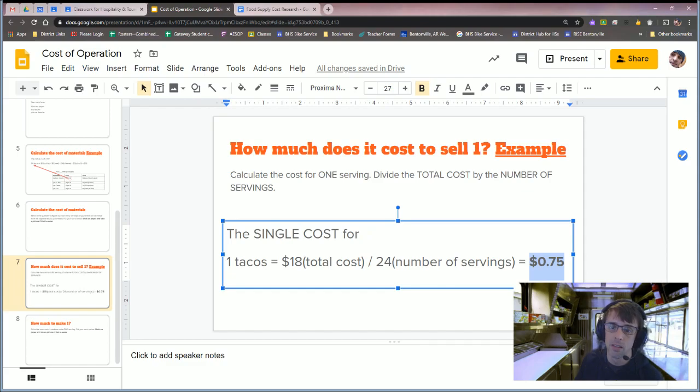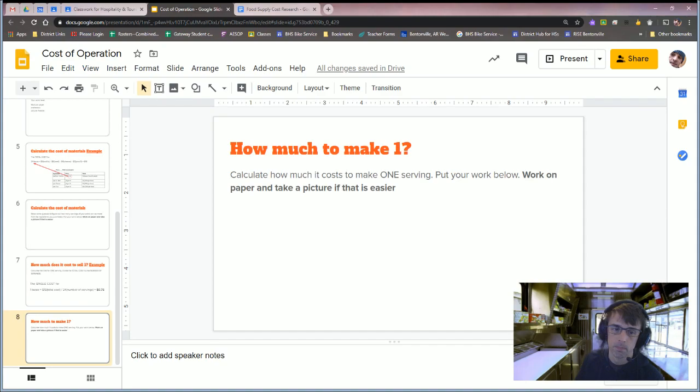So now I'll give you some time. Pause the video again so that you can do this work. All right. The number of servings divided into the total cost. All right. And once again, we're going to put that down on the bottom here. So calculate how much it costs to make one serving. Put your work below. Working on paper and take a picture if that's going to be easier for you. Okay, totally okay with that.